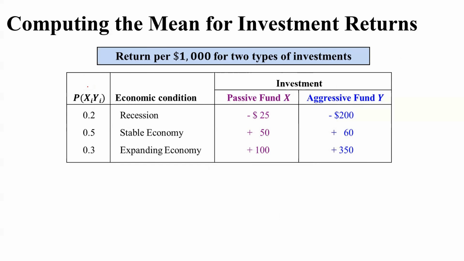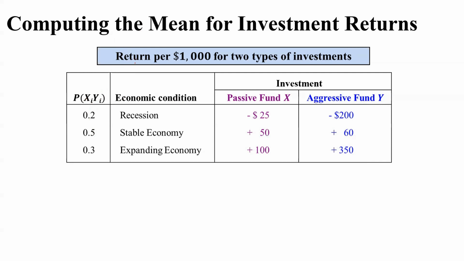Now this is the investment plan. We are going to compute the mean for the investment returns. The data is given here: the economic condition, and then the corresponding probability for the investment.